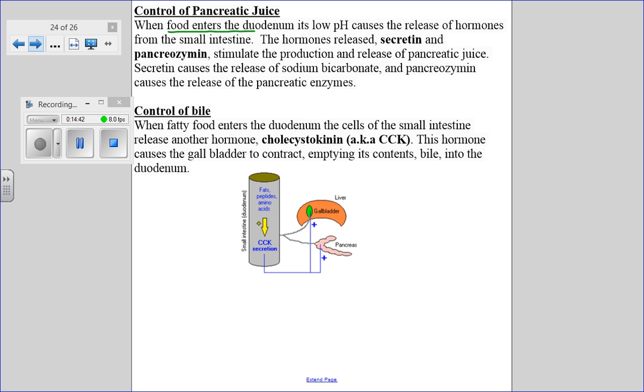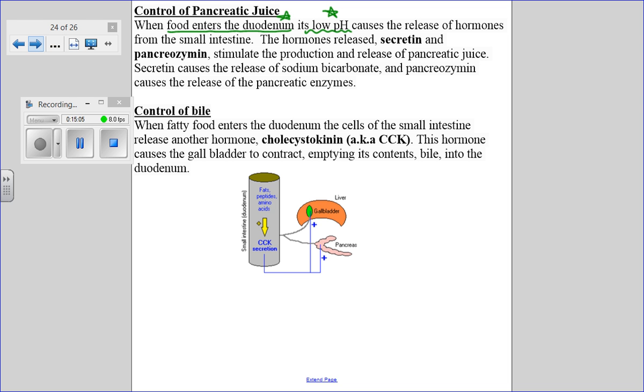So, first of all, food has to enter the first part of your small intestine, the duodenum. And because it has a low pH, this stimulates hormones from your small intestine.